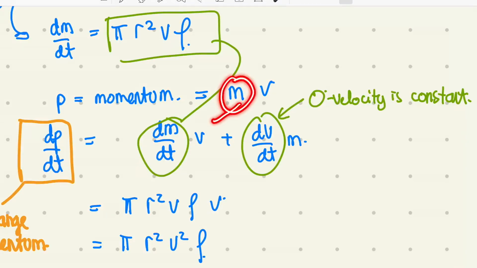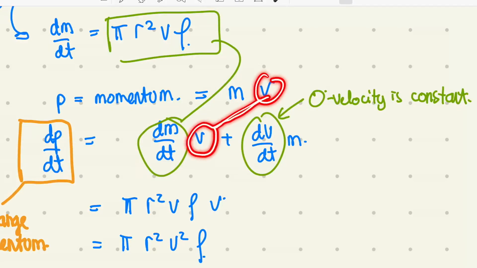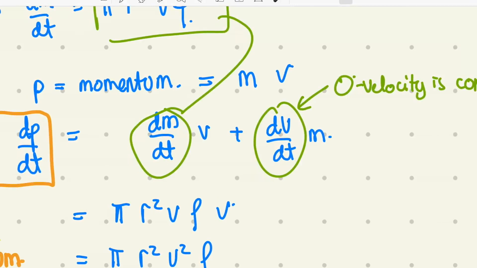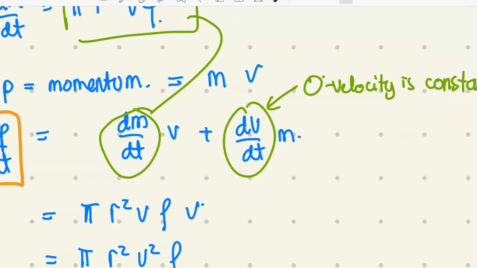The mass, you differentiate in one term, then you keep it in another term. Velocity, you keep it in the first term and you differentiate in the second term. So dp/dt equals dm/dt times v plus dv/dt times m.